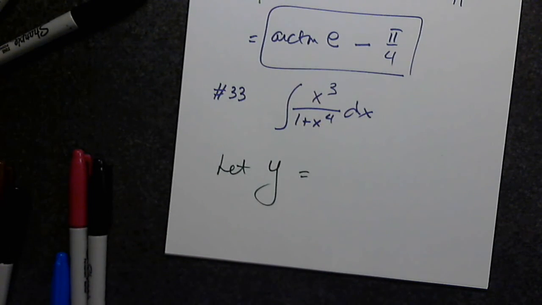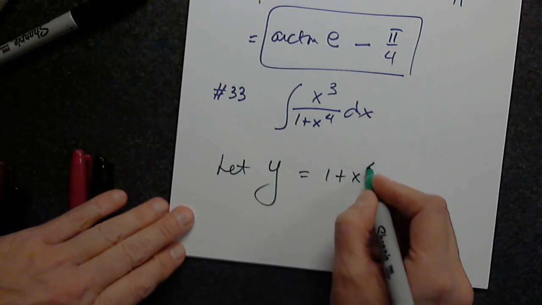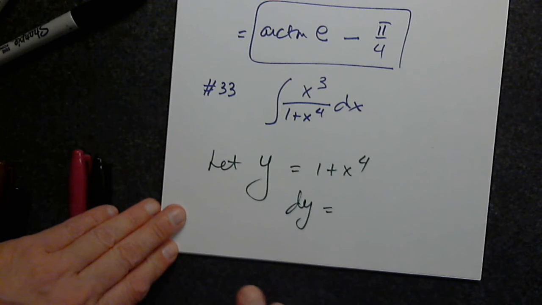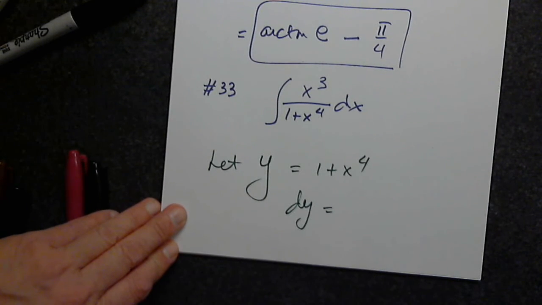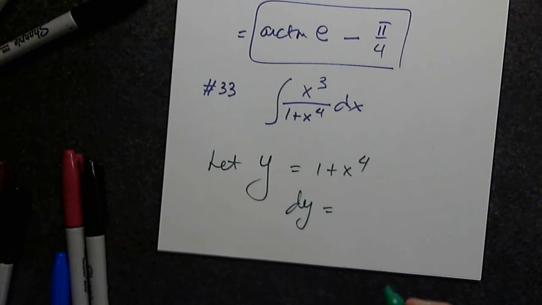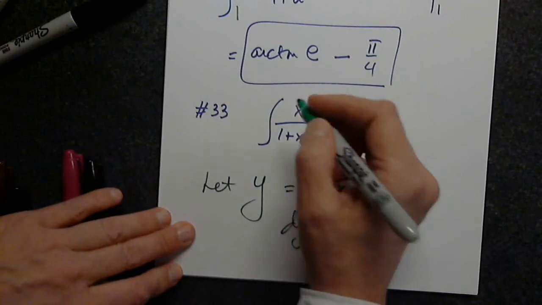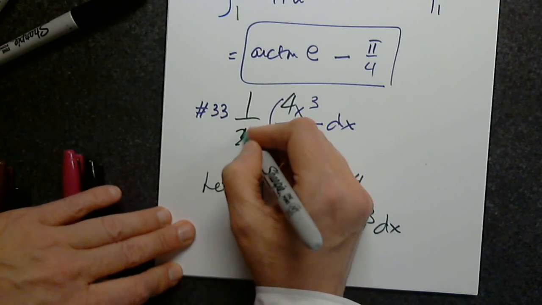You can use any letter. You don't have to use y, you don't have to use u. You can use a, b, any letter you want, as long as dy is easily makeable or in the problem already. What do I write? 4x cubed. Very good. Not a problem whatsoever.